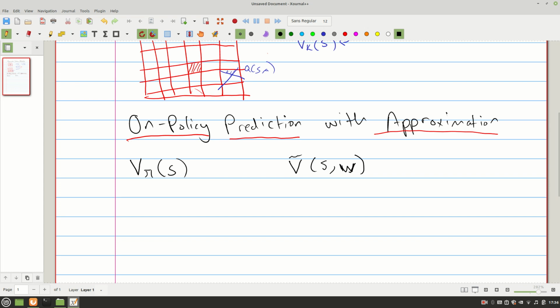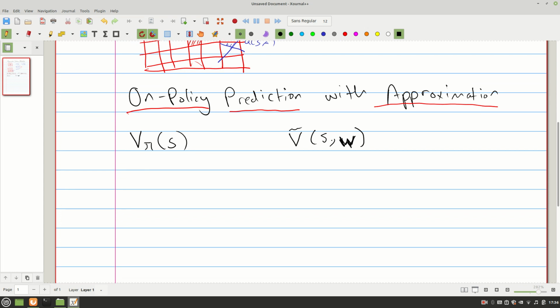This w can be a vector, it can be a matrix, depending on how you're viewing it. But the whole point of using this function approximator, which once again could be a linear function, a neural network, or a decision tree, is that our state value is now parameterized by w.